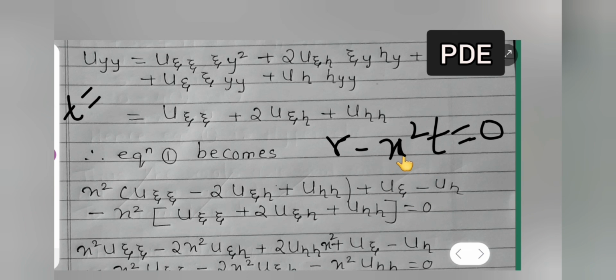Next is minus x square over here and write the value of t. What is t? T is nothing but this, u_yy, so u_xixi plus 2u_xieta plus u_etaeta. This I have written over here, is equal to 0.